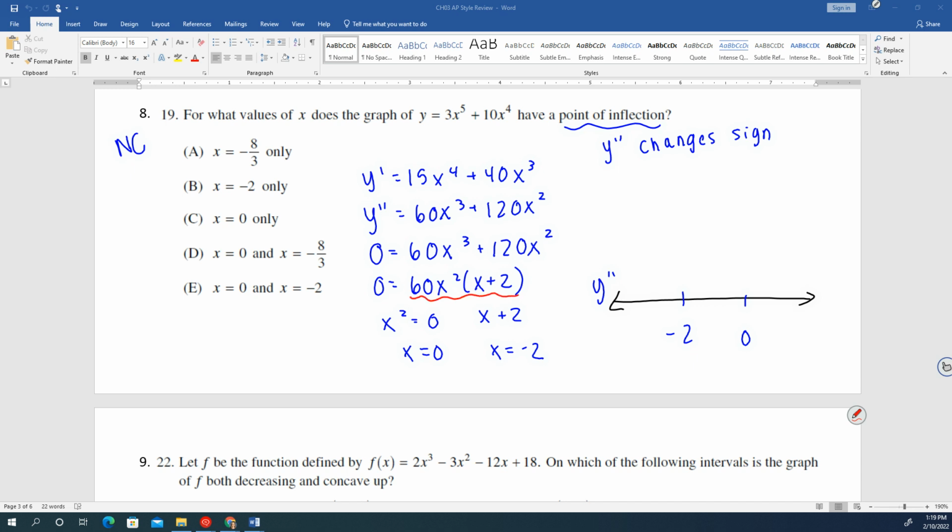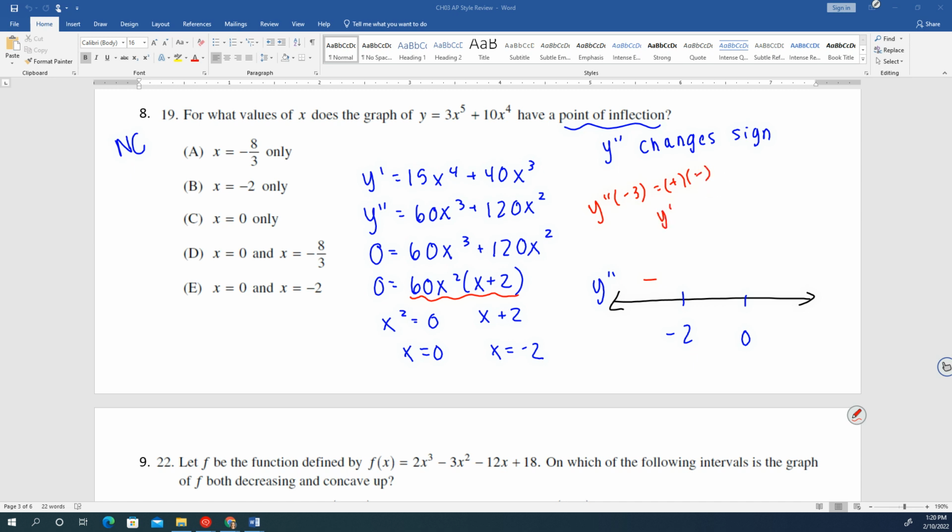This is why I don't divide off anything, just in case, I keep it in this factored form. So when we test -3, this is always going to come out positive. Obviously, you have 60 times -3 squared. You don't even have to do the numbers. You're going to have a positive times -3 plus 2, which is going to be a negative. So now it's going to be negative to the left. Don't waste your time actually trying to find the numbers. All we care about is the sign.